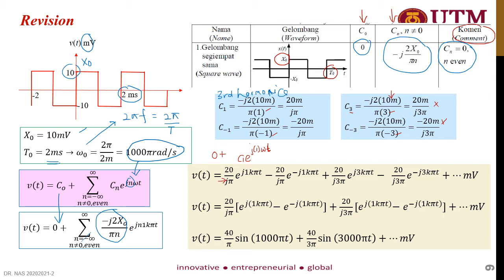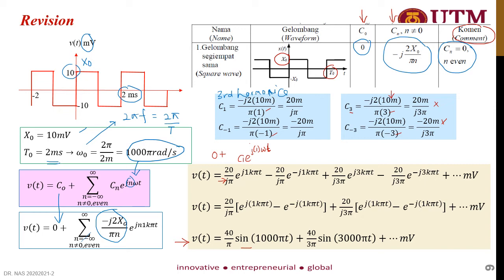Okay, if you want to use the cosine function, you can change this minus j to e^(-j pi over 2). So in this case, since I want to get the sine equation, you can just leave j at the bottom.